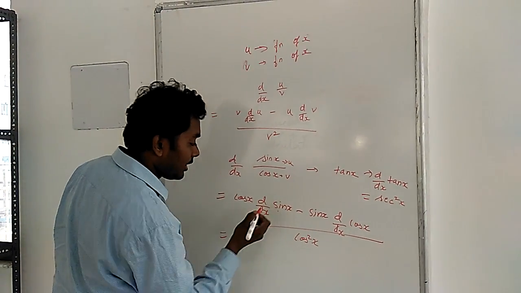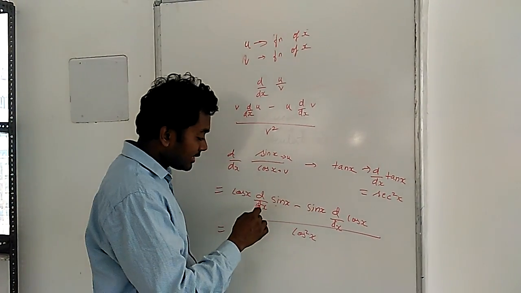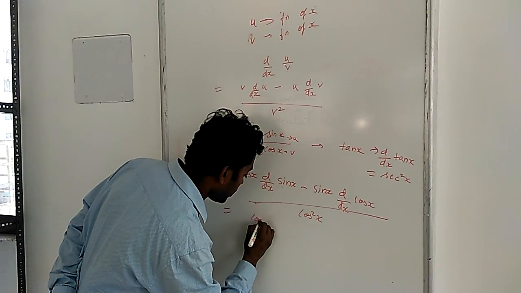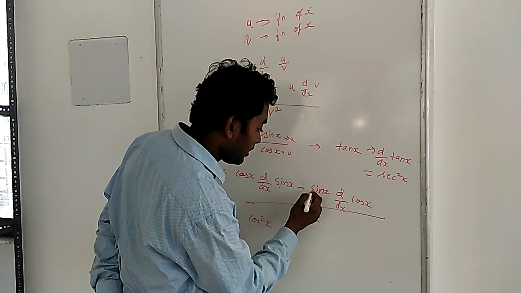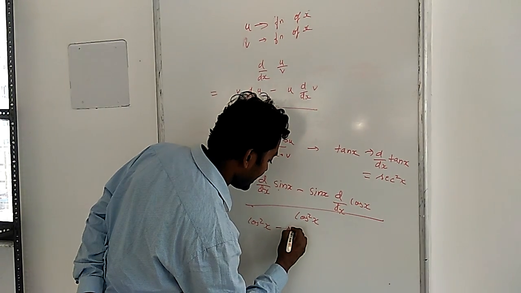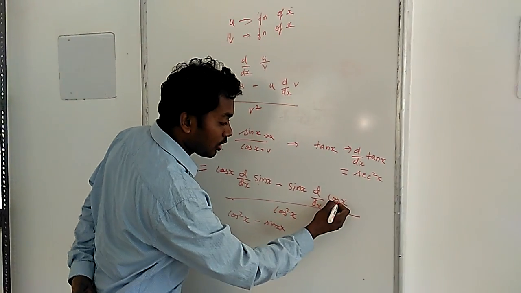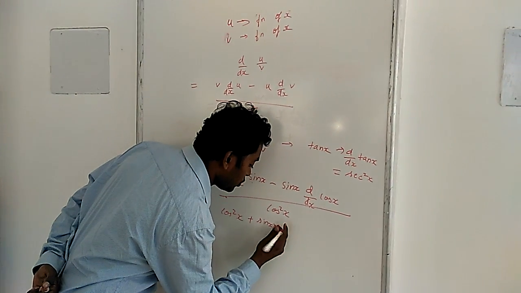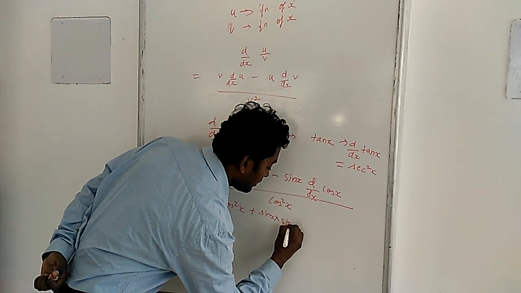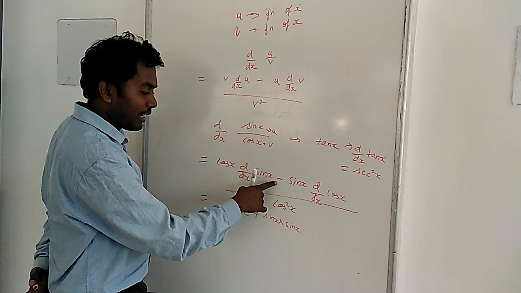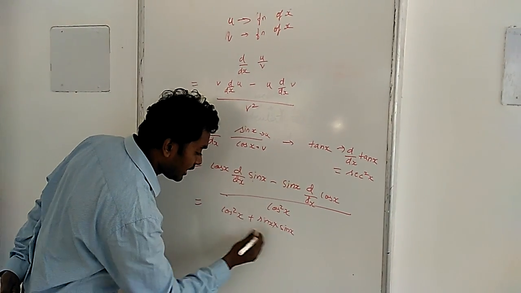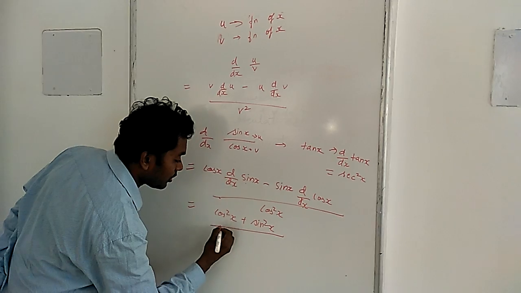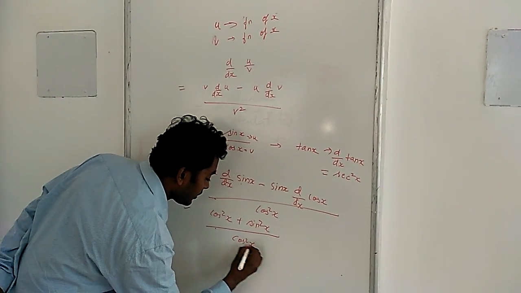Simple. As we already saw, d by dx of sin x is cos x, so we get here cos square x, and here minus sin x into the derivative of cos x. The derivative of cos x is minus sin x, so we get sin x, and the minus sign is absorbed, minus minus plus, so we get sin square x upon cos square x.